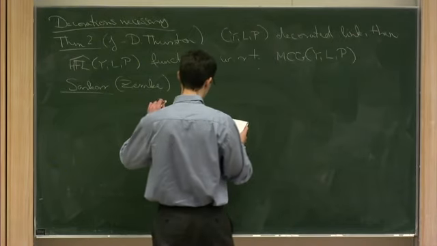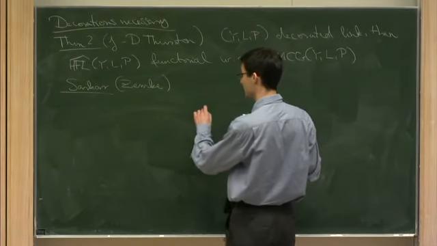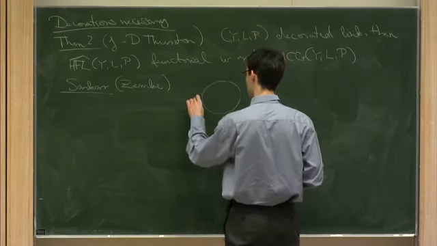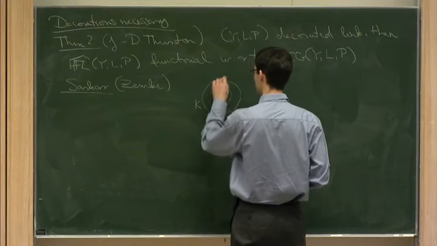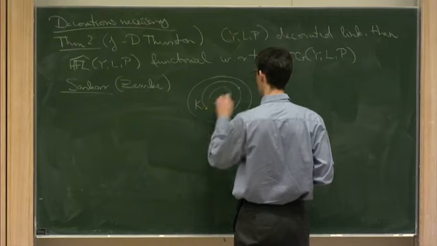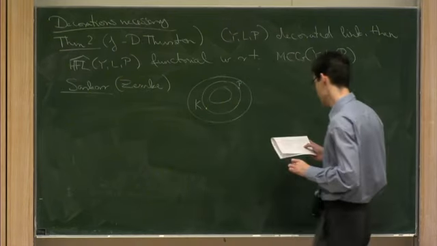Right. So here is an example of this action. So take a knot K, and take a tubular neighborhood of it. And there are these marked points. Just take 2 marked points.